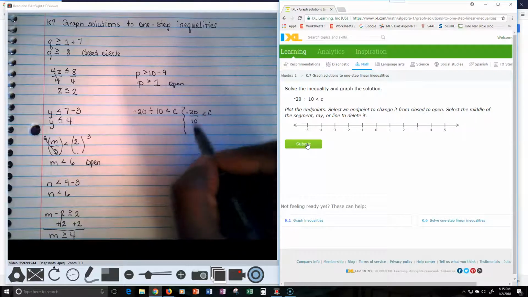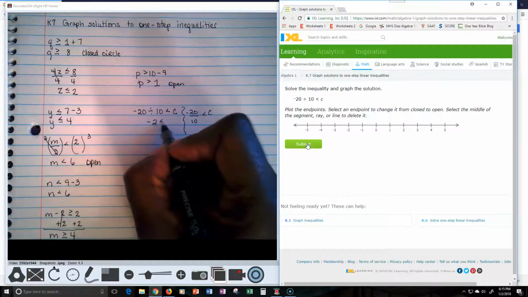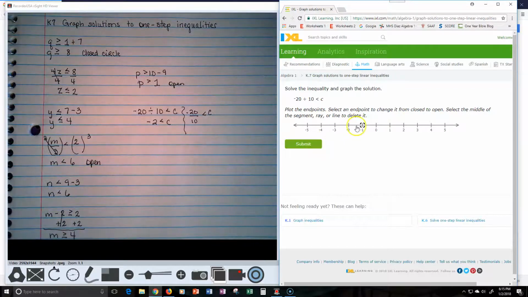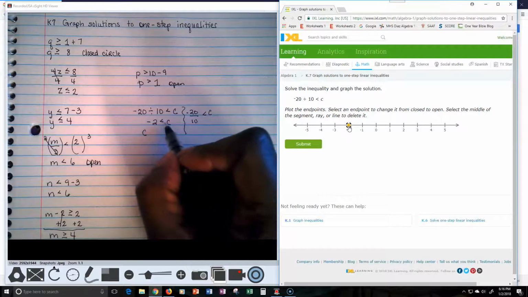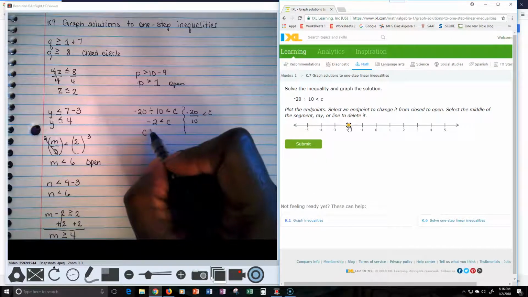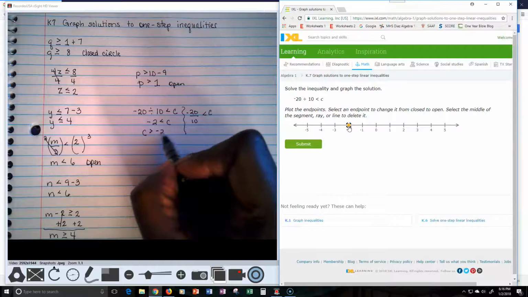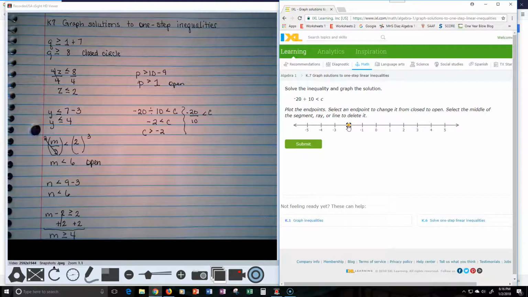Negative 20 divided by 10 is negative 2, which is less than c. So if you look at this differently, you could say c, making sure your arrow is facing the same way, is greater than negative 2. And if it's greater than negative 2, then I'm going to point everything to the right.